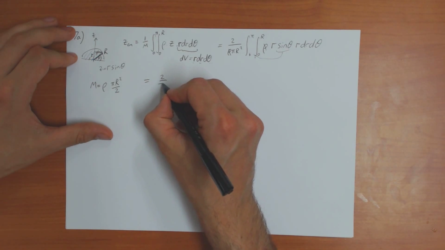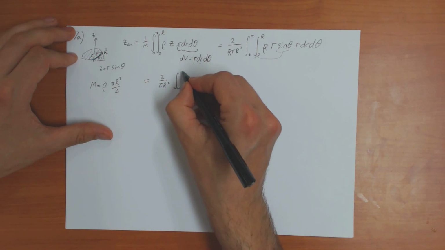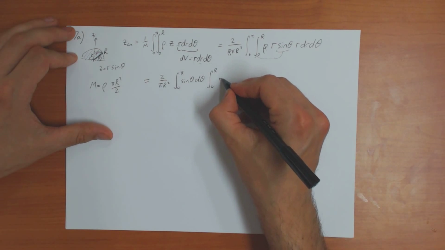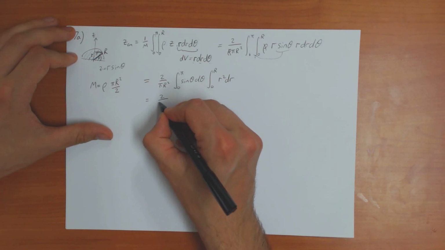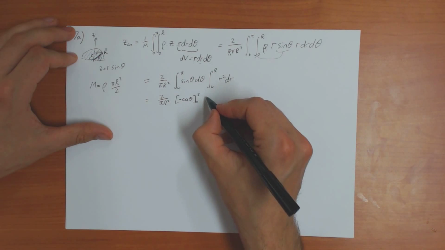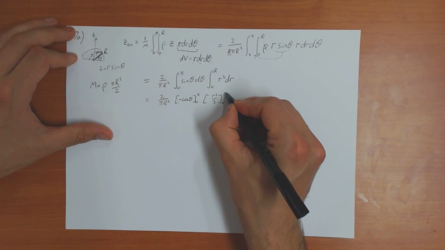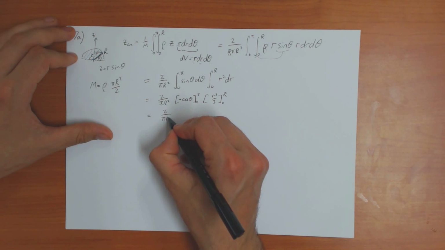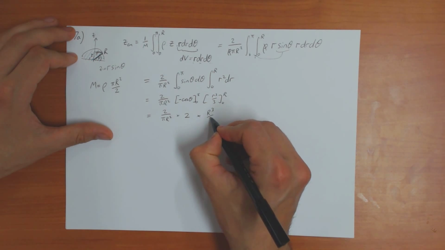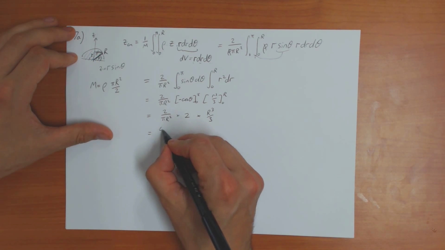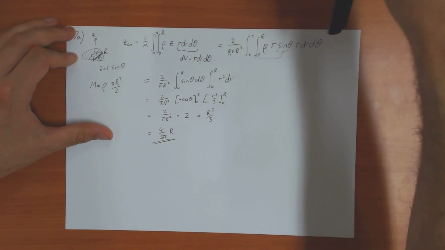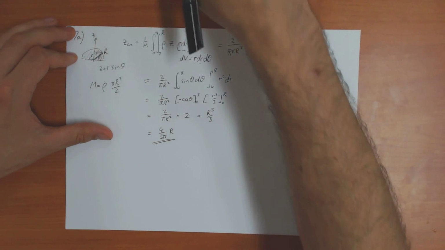So this is 2 over pi R squared times the integral from 0 to pi of sine theta d theta, times the integral from 0 to R of r squared dr, which is the integral of sine theta, minus cos theta between 0 and pi, and r cubed over 3 between 0 and R. So 2 over pi R squared times 2 times R cubed over 3, which is 4 over 3 pi times R. So that's the center of mass of the first one.